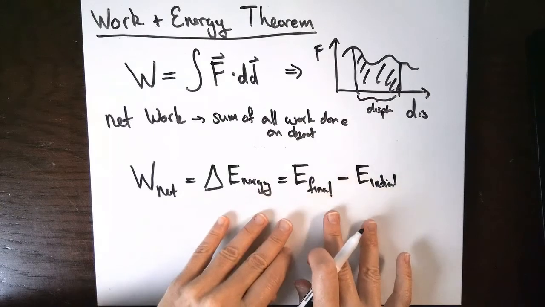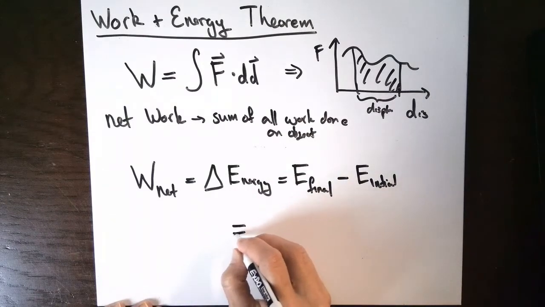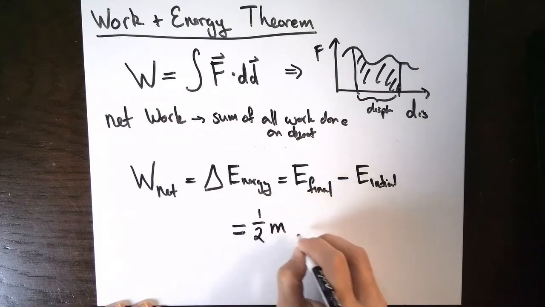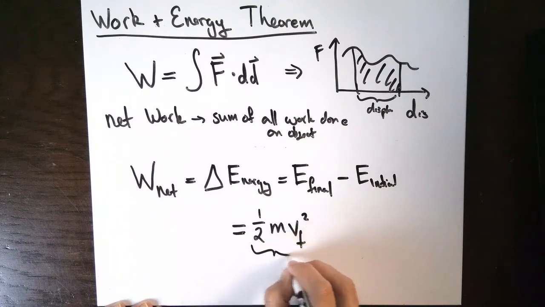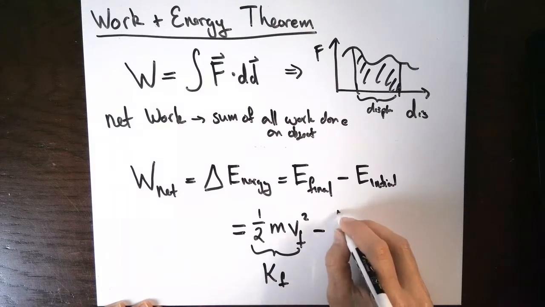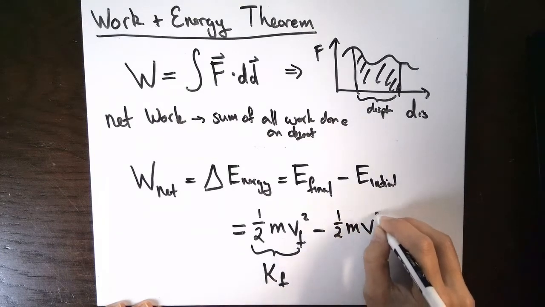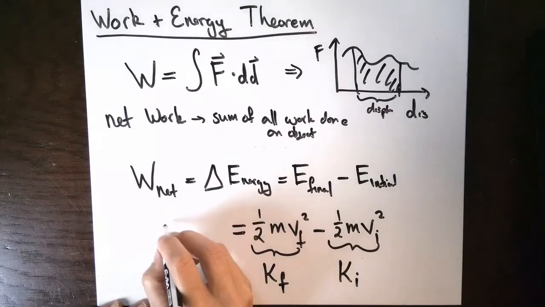And the only energy we know about right now is kinetic energy. So we can be a little more explicit here and say this is 1/2 the mass times the final velocity squared, that's the final kinetic energy, minus 1/2 times the mass times the initial velocity squared, that is the initial kinetic energy. And that is equal to the work.